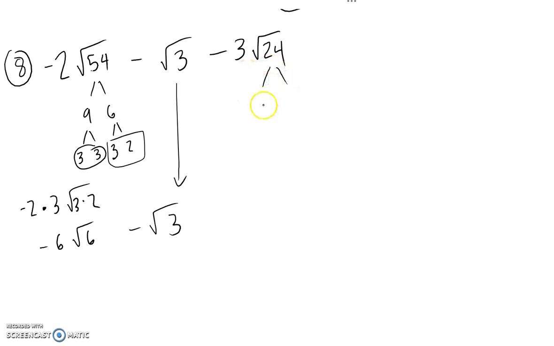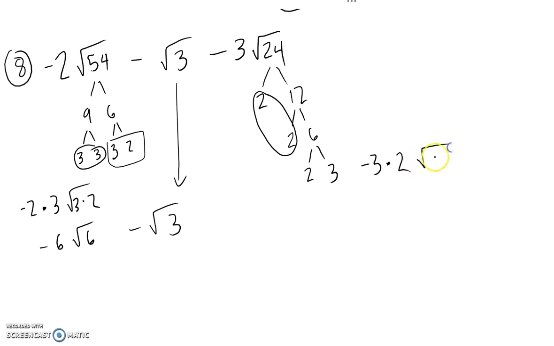And then 24, I see, can be 2 and 12, and 12 is 2 and 6, and 6 is 2 and 3. So I'm going to get these 2's coming out. So I have my original -3 coefficient, another 2 coming out, and then 2 times 3 on the inside.